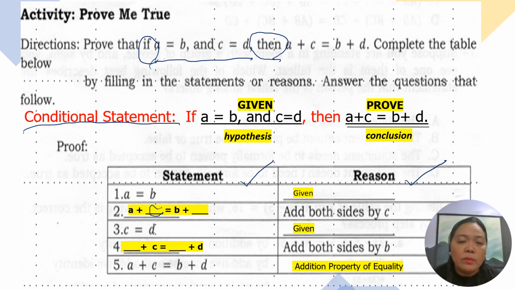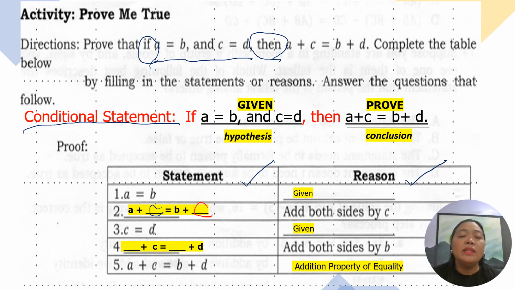All right, again, we will write C. A plus C is equal to B plus C. I hope you can read what I am writing.